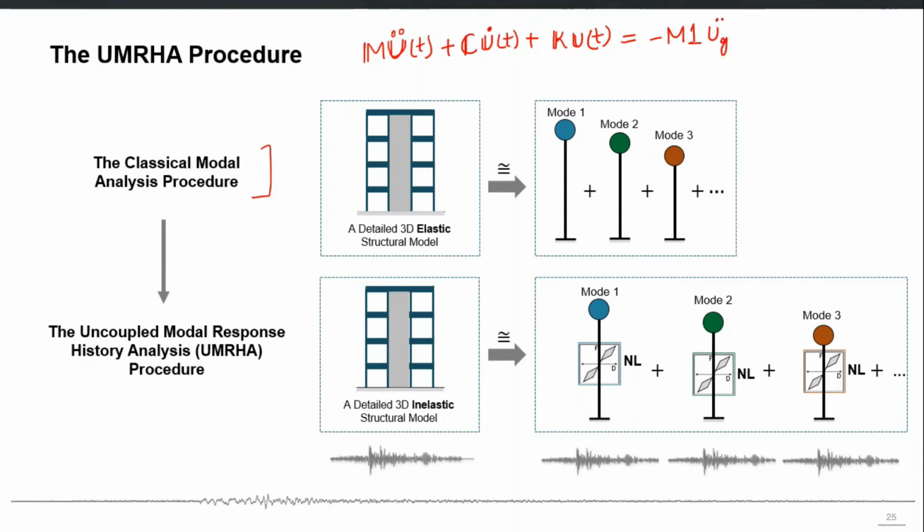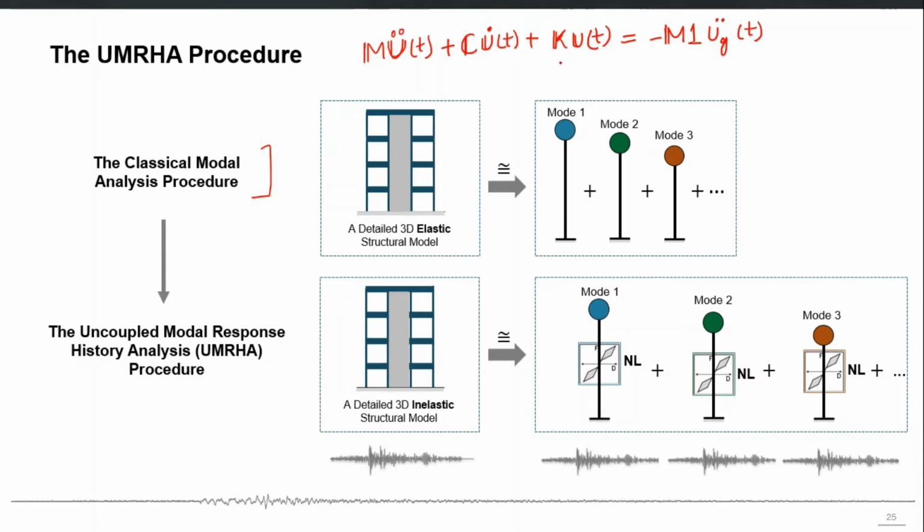This is the original governing equation of motion for the multiple degree of freedom system. We uncouple this equation of motion into single degree of freedom system equations, or in the uncoupled form, using the orthogonality property of mode shapes.